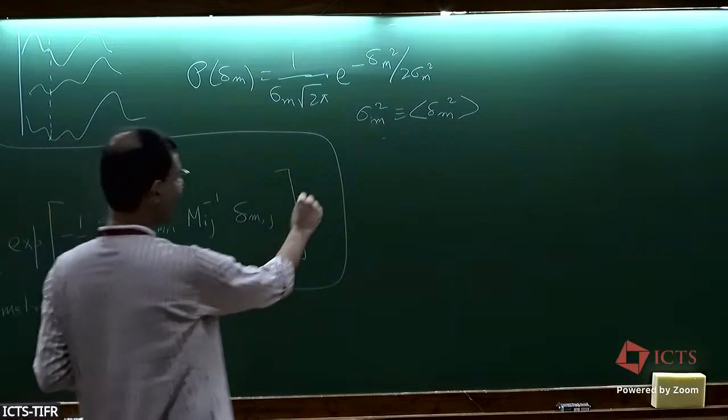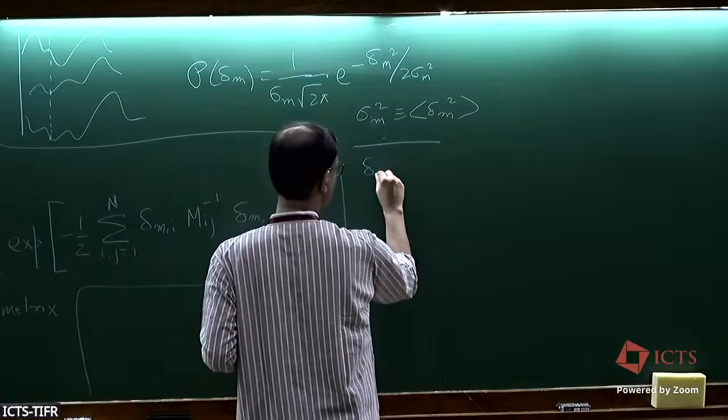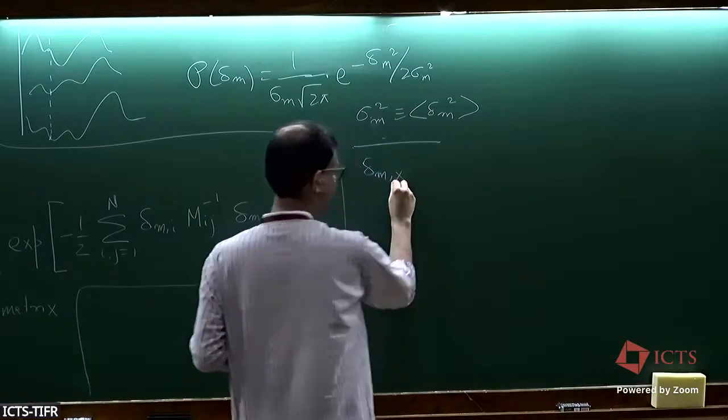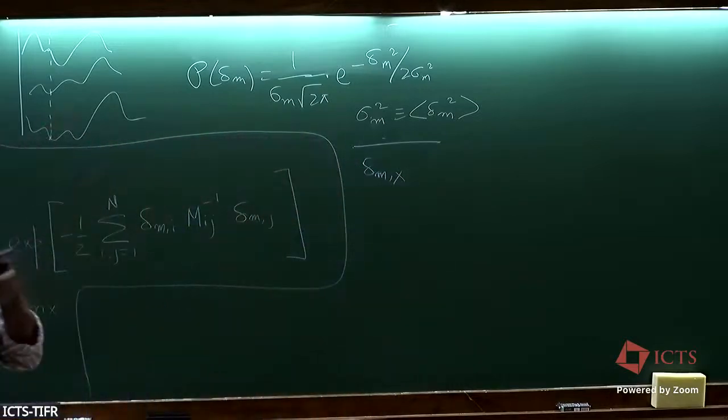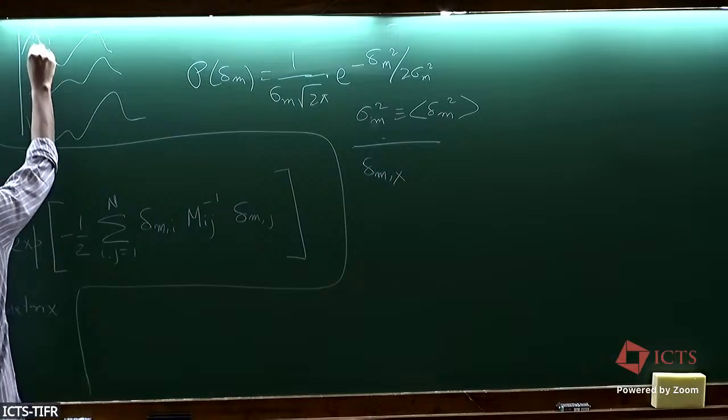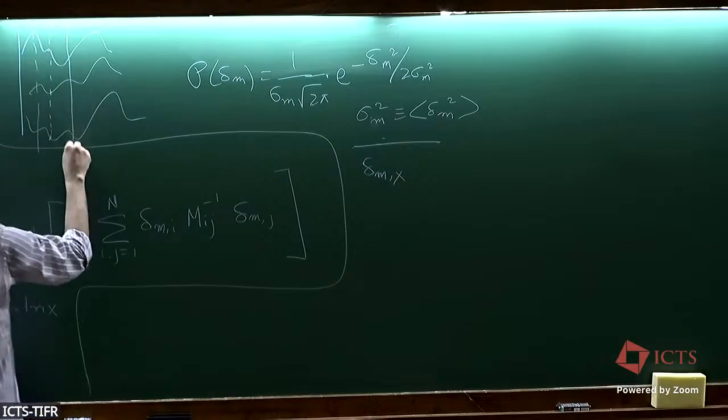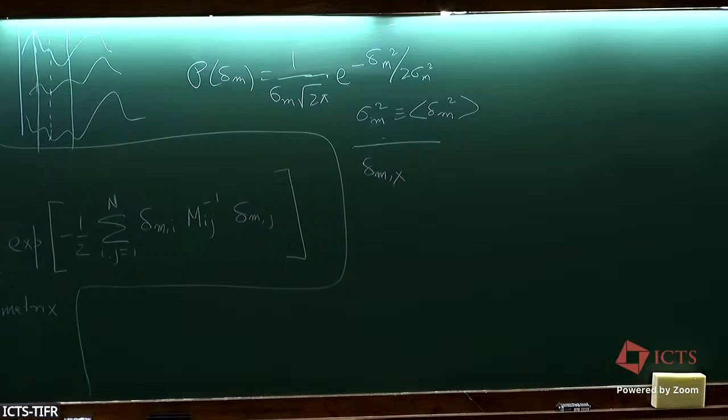Now let us take the next step. What if I go to that point and smooth it with some filter of size x? So now I'm centered at this point, but I'm smoothing over some filter around that of size x. This is something which we were doing earlier. It could be a spherical top hat filter, it could be something more sophisticated, whatever you want.